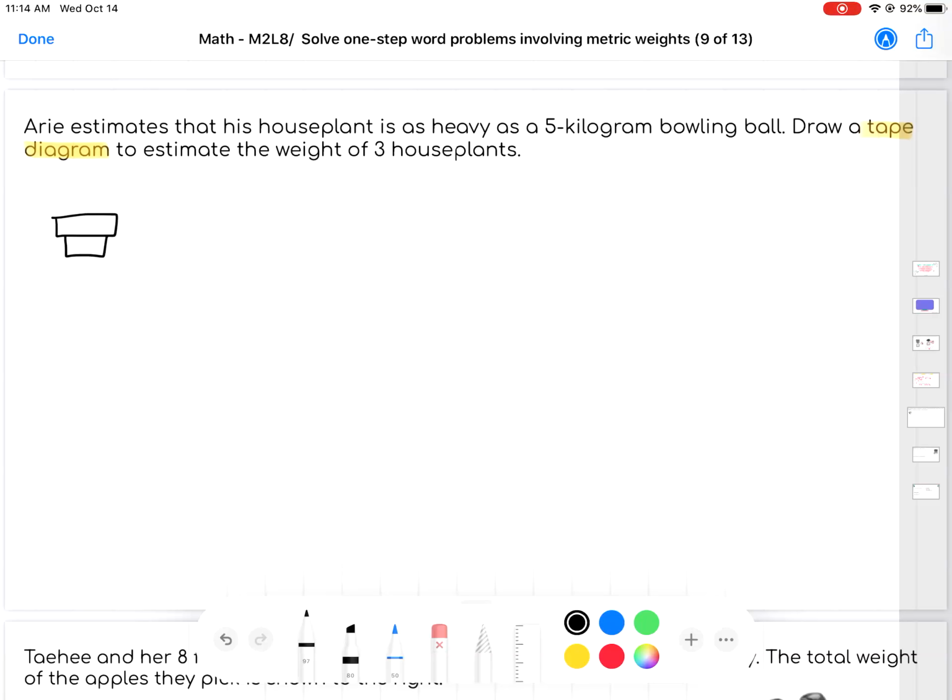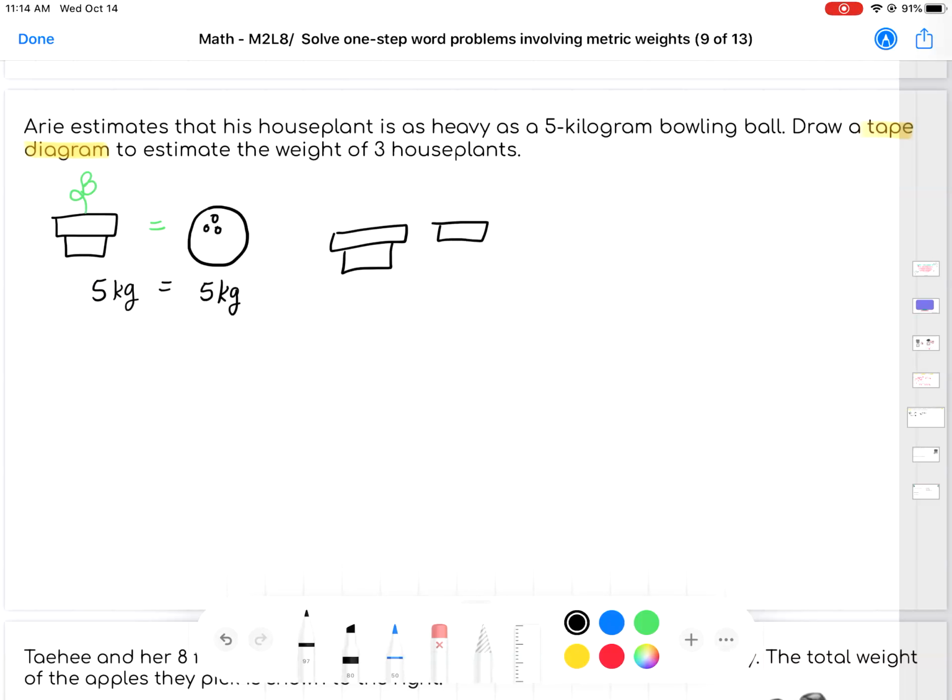Because when he weighed, he knew that it is about the same weight as a 5 kilogram bowling ball. So here is one house plant, and this is the same as a 5 kilogram bowling ball. Then we know that one single house plant is also 5 kilograms.